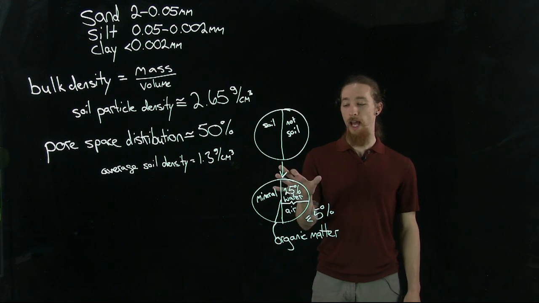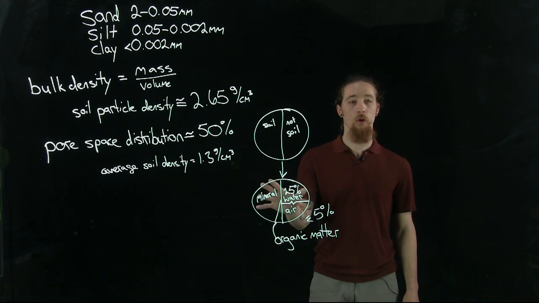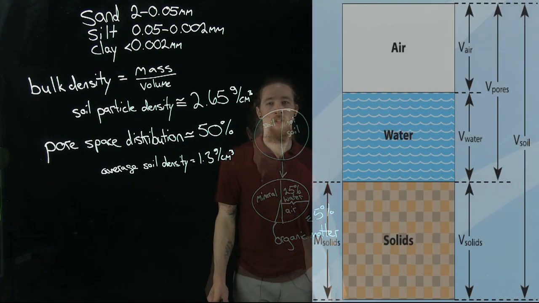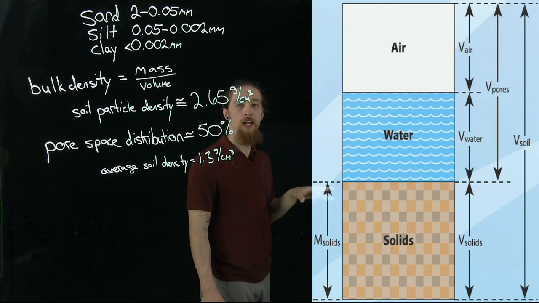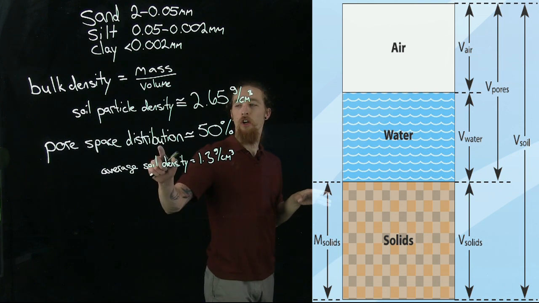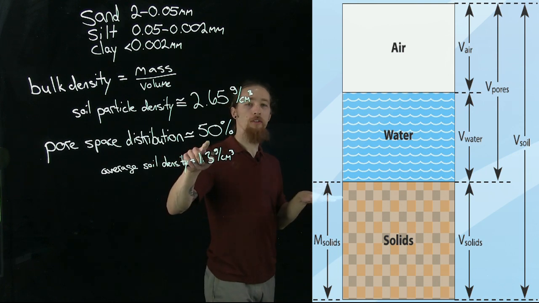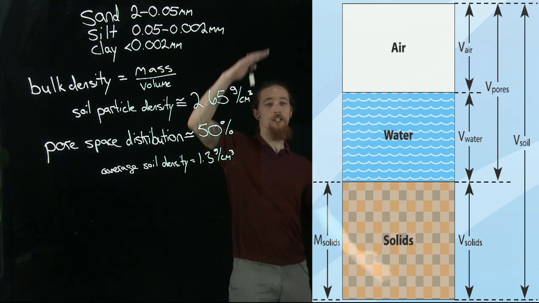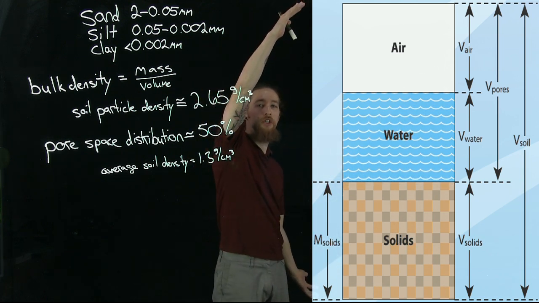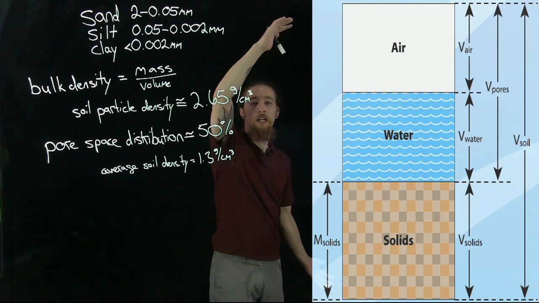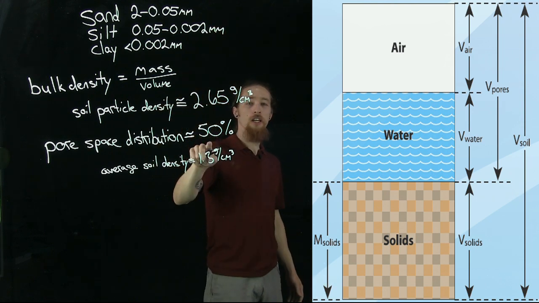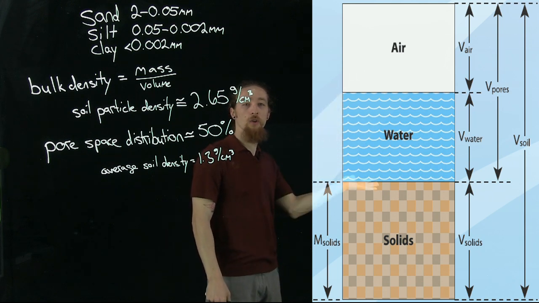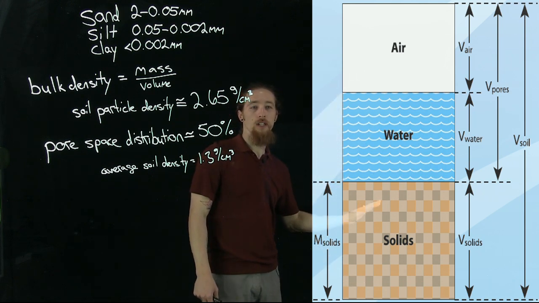Another way to look at this soil pore distribution is using this graph here. So this is another way to look at pore size distribution within soil. Again, we've got an average of 50%. So the volume of soil, the entire soil that you've scooped out of the earth, is actually 50% not soil itself. 25% air, 25% water, the rest of it is actually the soil.